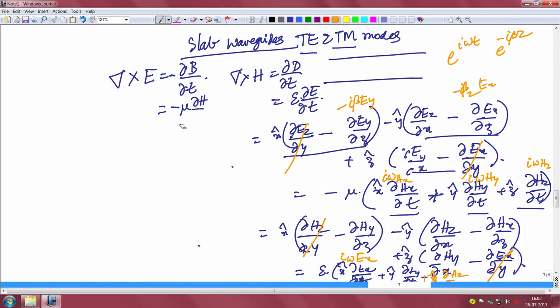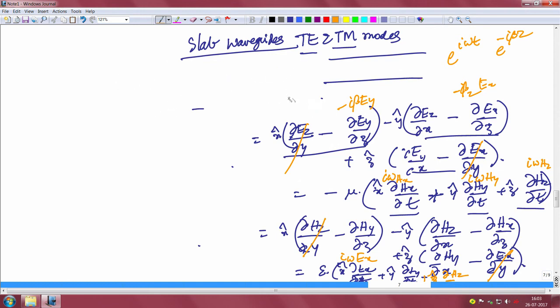We will write for the one set of fields and replace it with the other set of fields for ease of operations. For example, we have I beta Ey equals minus mu I omega Hx.